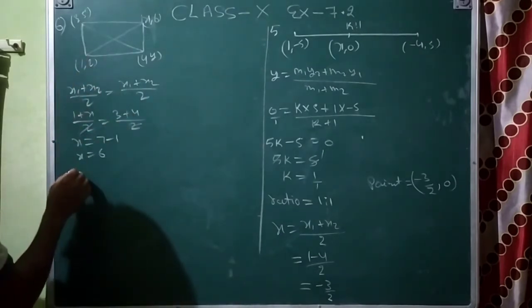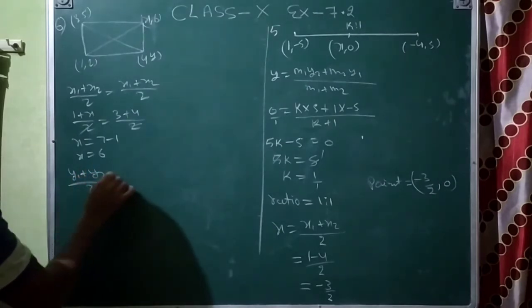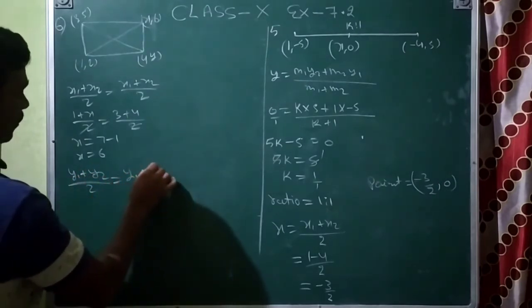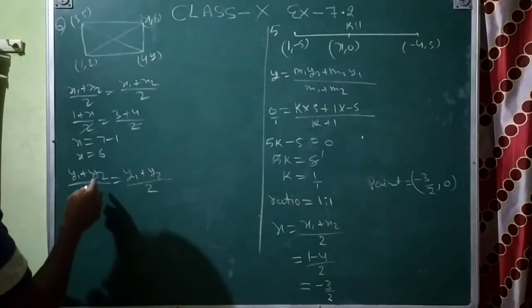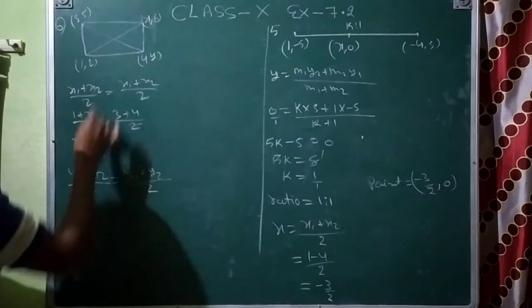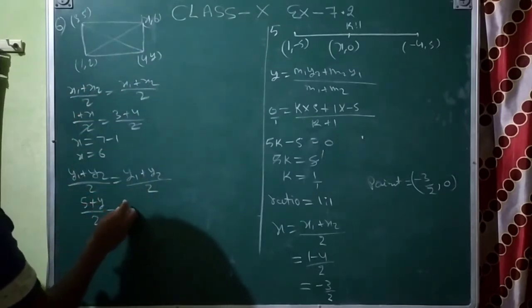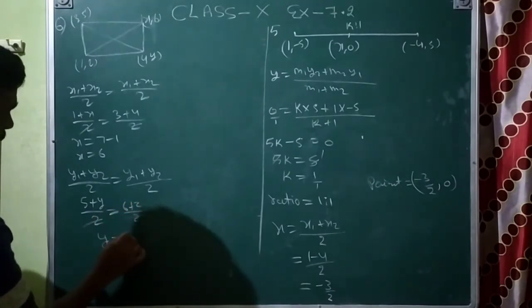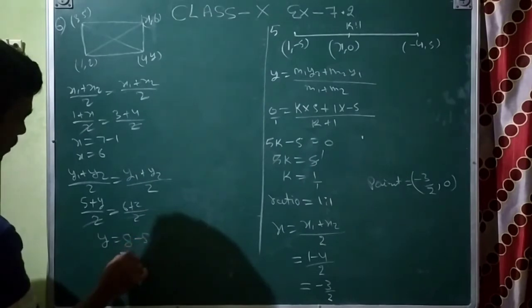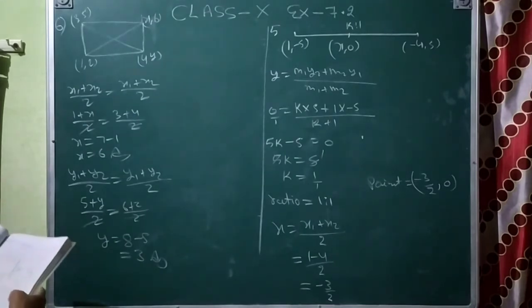Similarly for y: (y1 + y2) upon 2 is equal to (y1 + y2) upon 2. From this line (5 + y) upon 2, and from the other side (6 + 2) upon 2. Cancelling, y is equal to 8 - 5, which is 3. These two are the answers, 6 and 3.